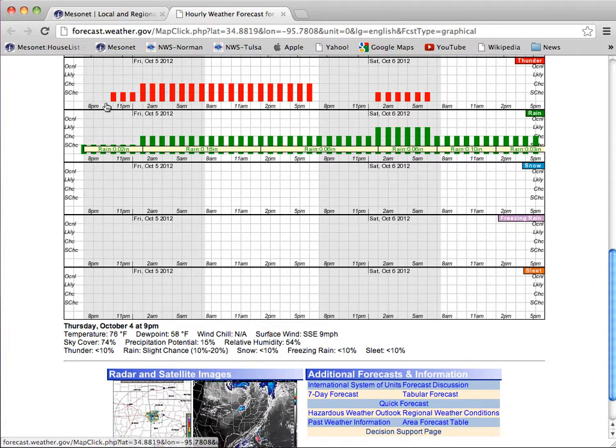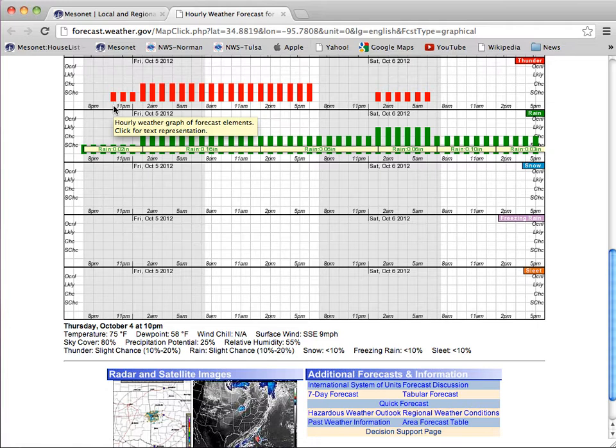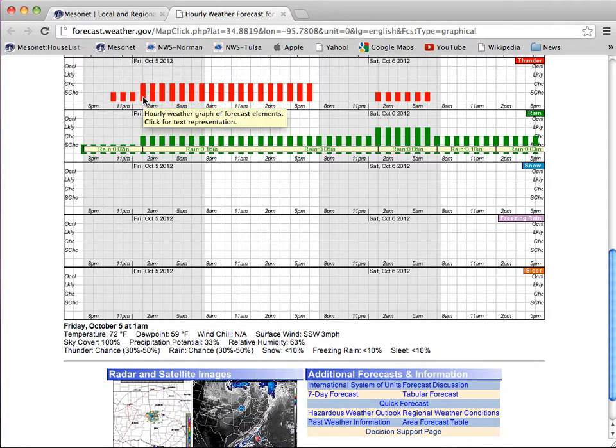So we can see that at 10 p.m. on Thursday evening, there is a slight chance for thunderstorms. Then as we move to 1 a.m., that increases to a little bit stronger chance rating for thunderstorms.